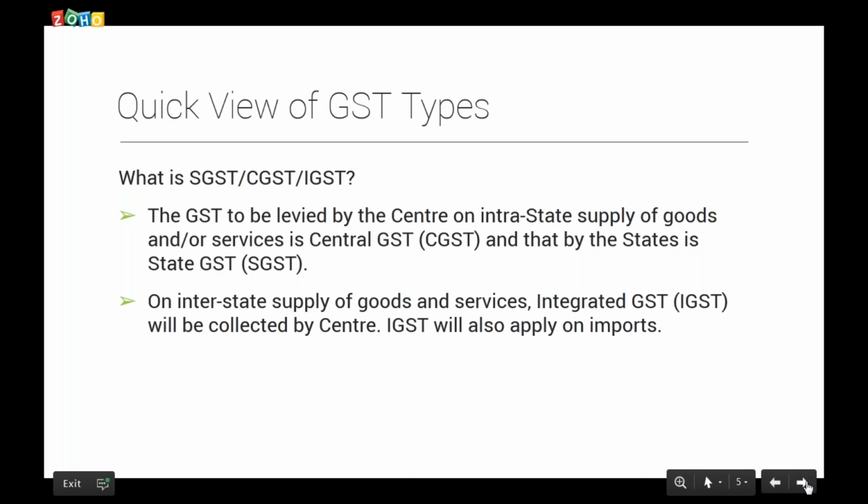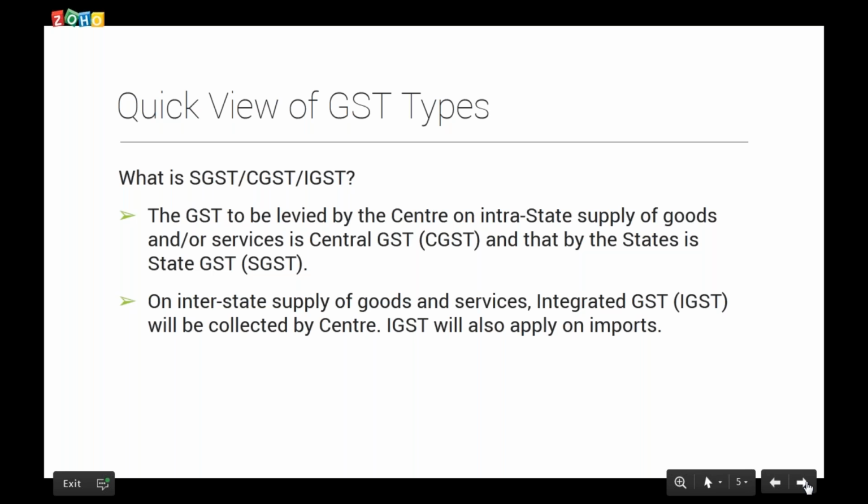Here we are just going to give you a quick view of GST types. Everyone knows about it, but I still want to give you single-line information about it. We have almost 3 types of GST: SGST, CGST, and IGST. This is the statement provided by the government.